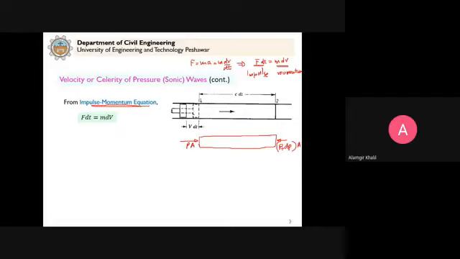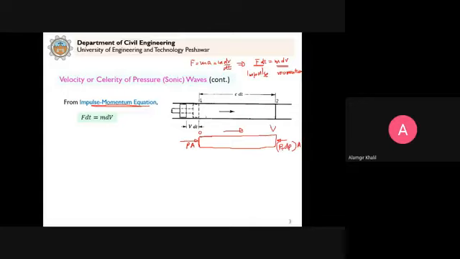And as this piston is moved, the fluid which was initially at rest now moves with a velocity of capital V between the two sections.